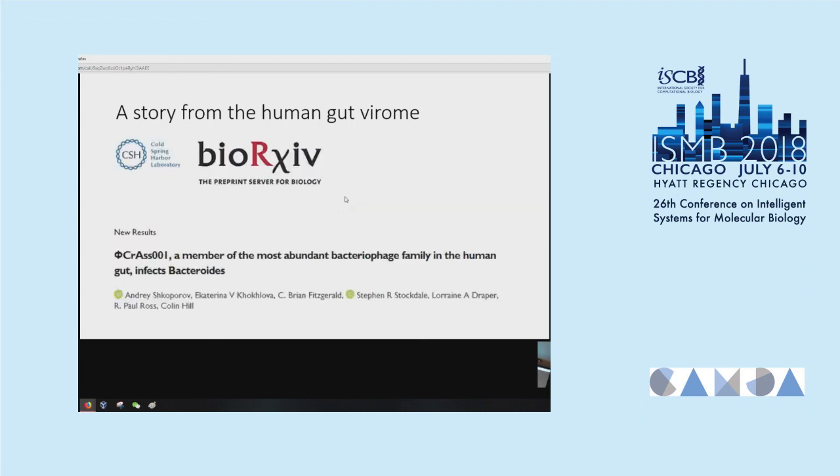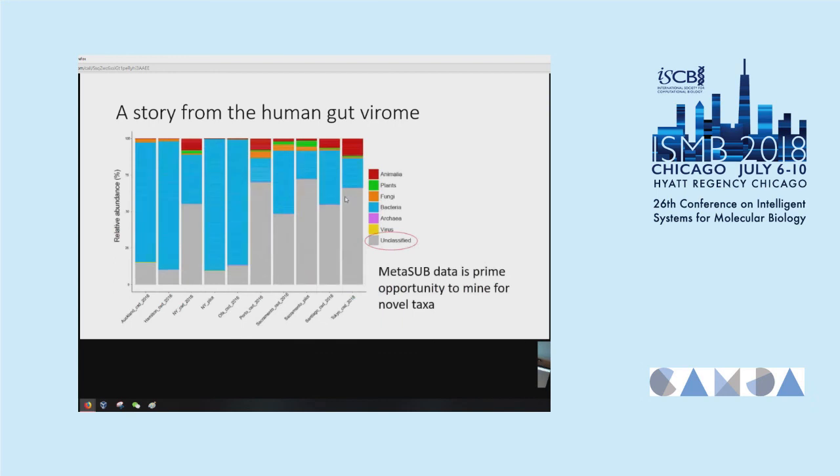And it does infect Bacteroides. And it basically has the life cycle that was exactly predicted several years ago from the metagenomic assemblies. I think this is a real success story for metagenomics, and especially for the metagenomics of the uncultured, the unclassified portion. These methods show that this is an absolutely prime opportunity to mine for novel taxa and novel genomes.